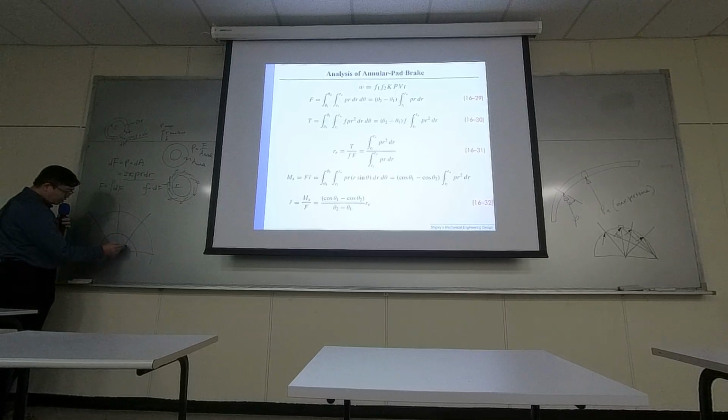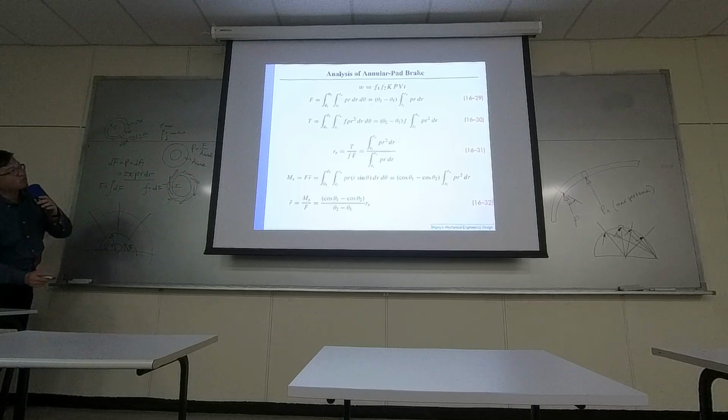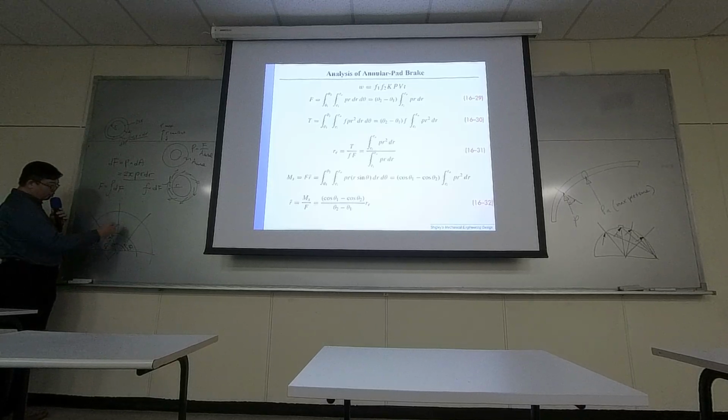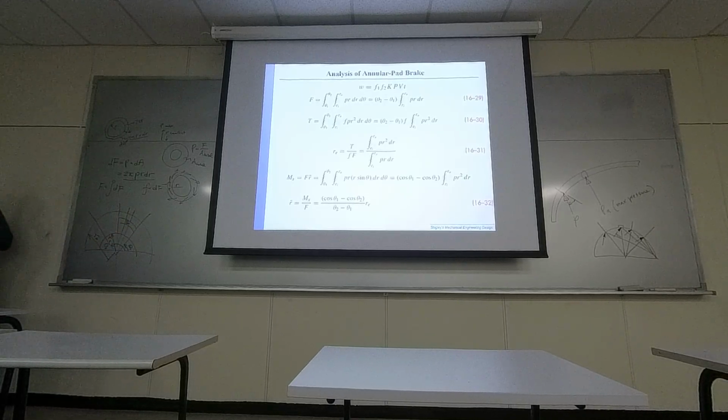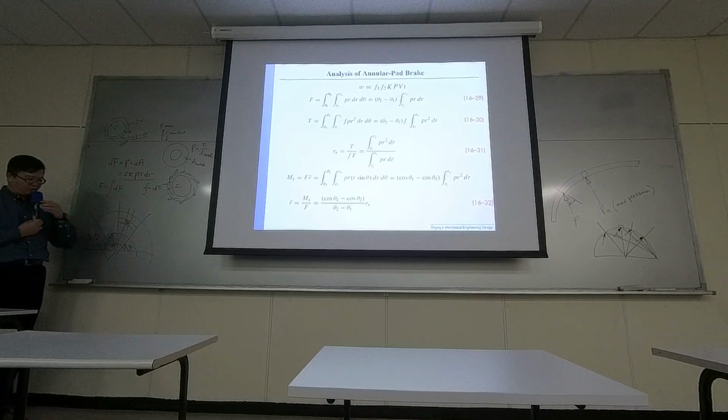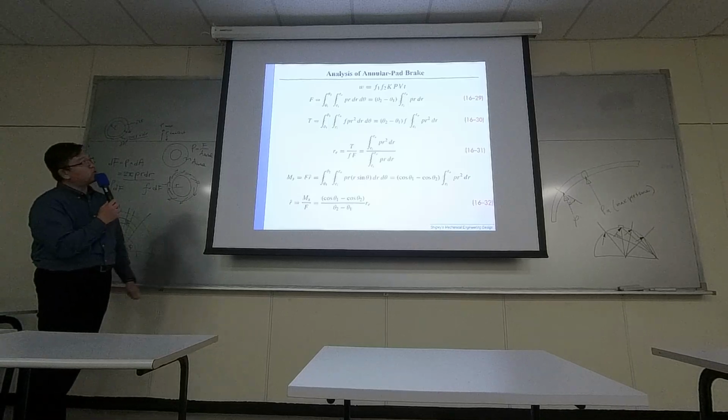So if you are integrating from theta 1 to theta 2 and integrating from Ri to Ro, you are basically making a cut right here. You are studying what's happening at a particular small area.